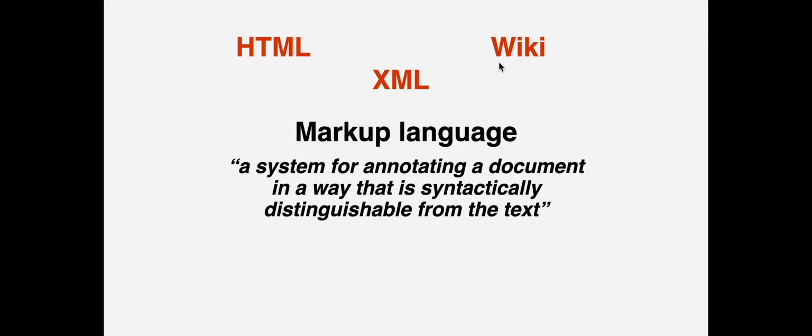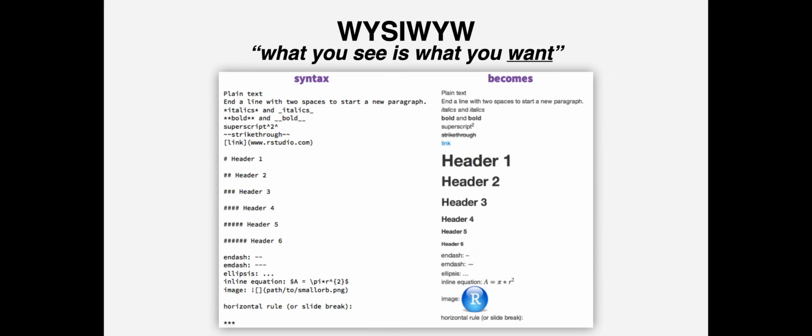Wiki are markup languages as well. We're not going to use any of these. We're going to use a separate markup language that's confusingly called Markdown. So Markdown is a type of markup. Okay. The point, though, is that this what you see is what you want is a really effective, simple way to control the way a document finally appears.